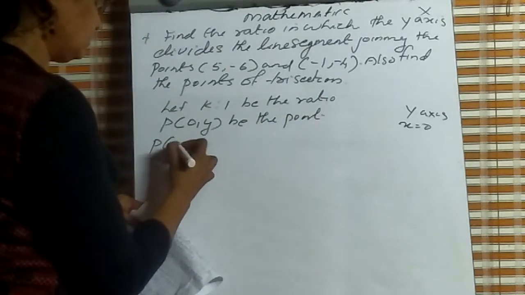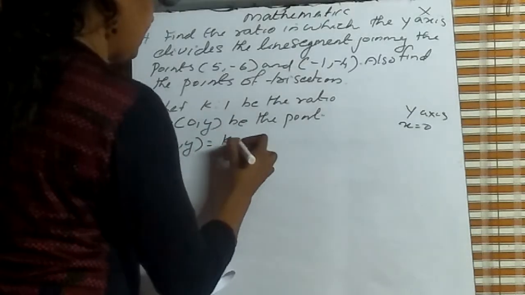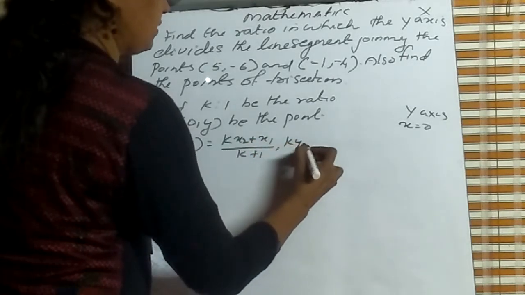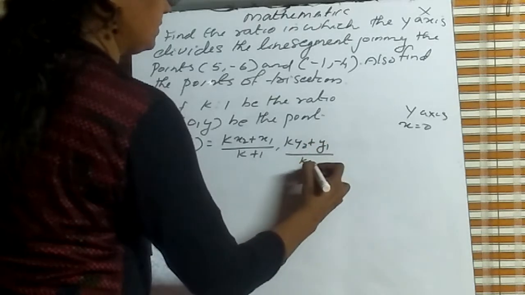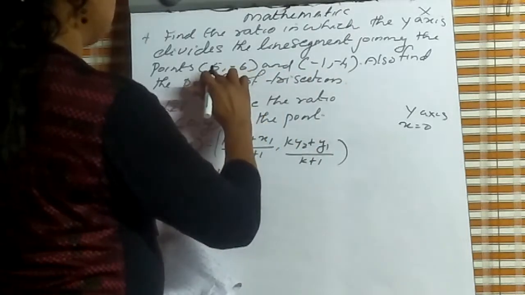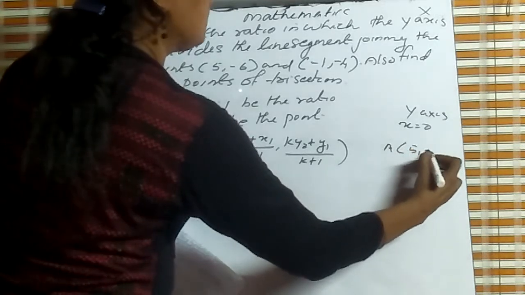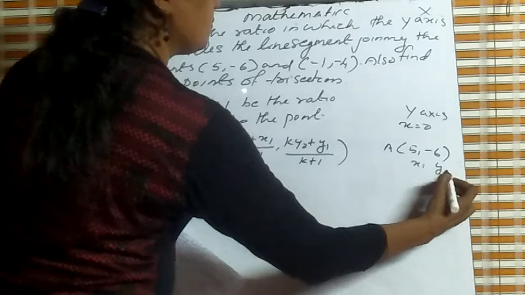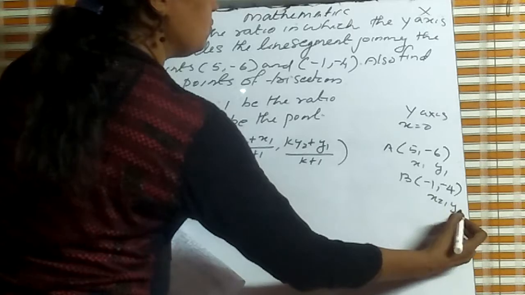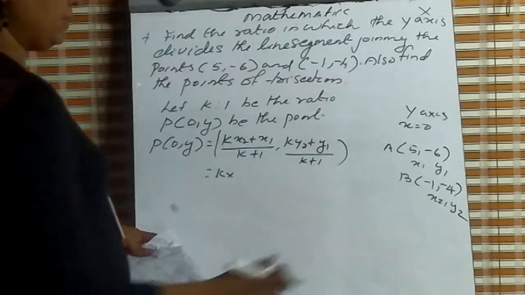Then P(0, y) is (kx2 + x1) by (k + 1), (ky2 + y1) by (k + 1). Let A be the point (5, -6), which is (x1, y1), and B be the point (-1, -4), which is (x2, y2).